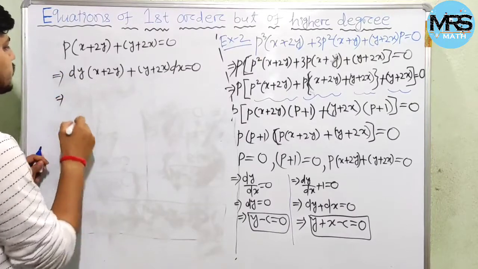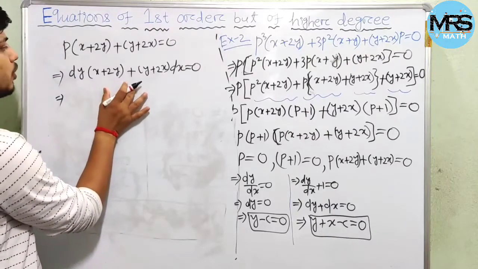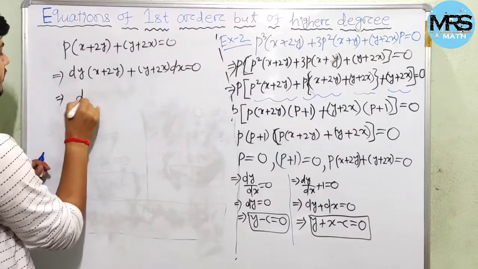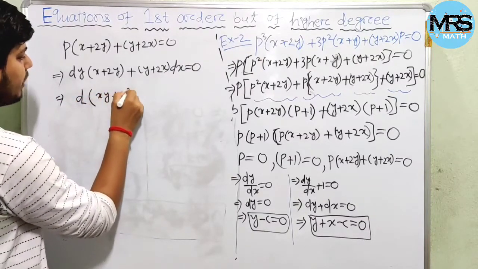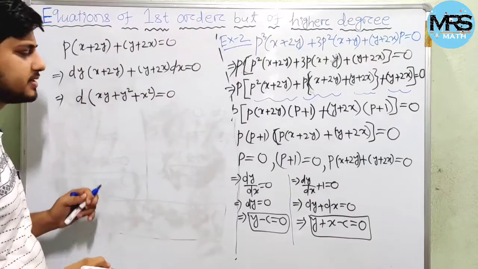Now we can integrate this one, but before that, we can write this as the derivative of xy plus y squared plus x squared, because this is an exact differential equation.